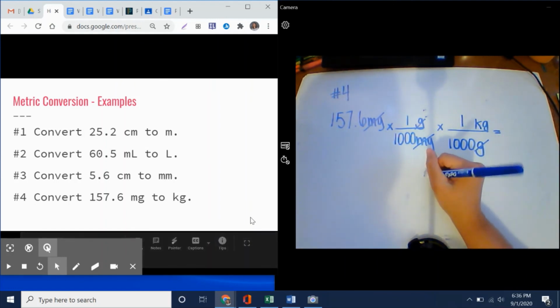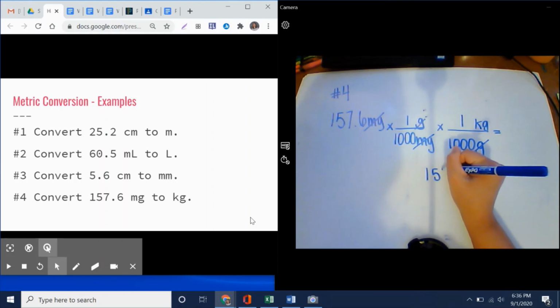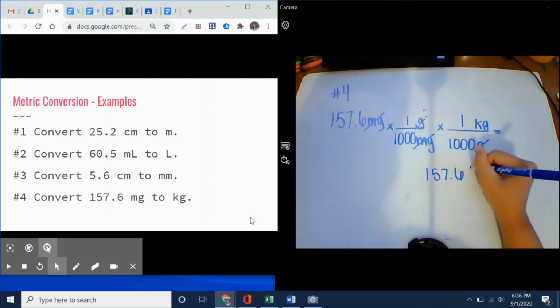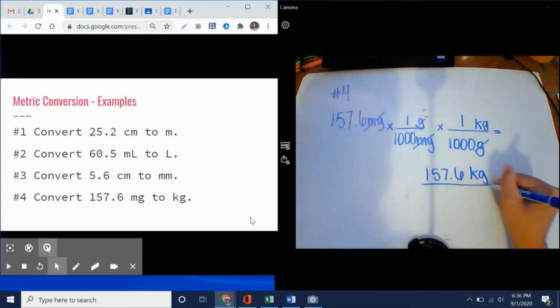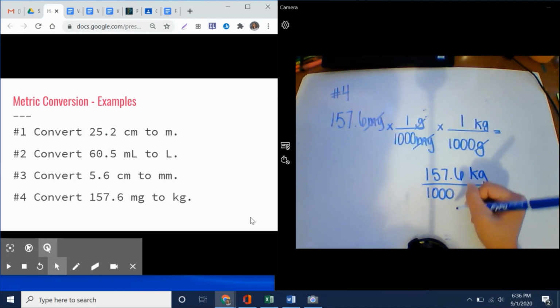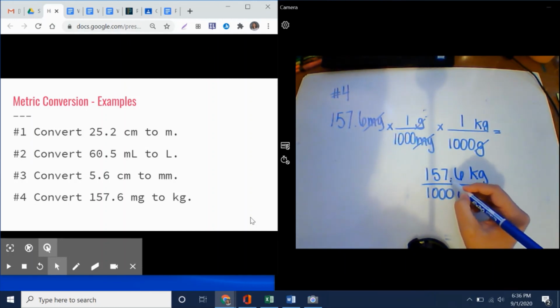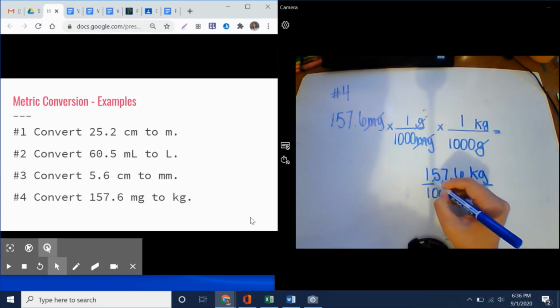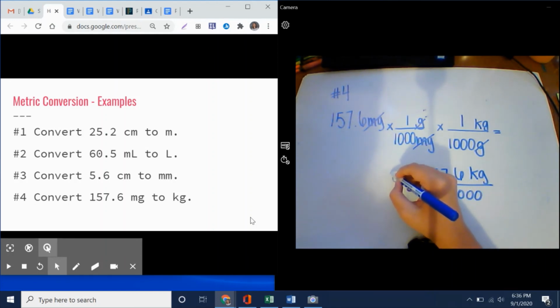Here, our top number is 157.6. Our unit is kilograms. Over, when I multiply 1,000 by 1,000, that's a number with 6 zeros at the end. All right. And when we divide by that, already we have to move it over 6 places. So 1, 2, 3, 4, 5, 6.